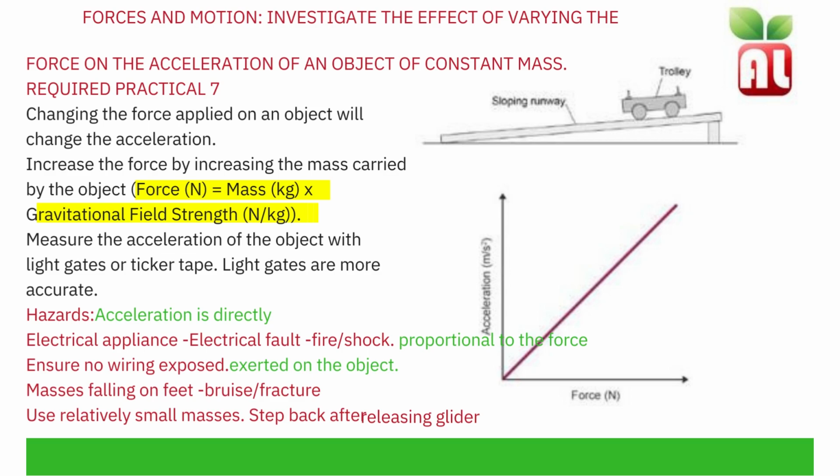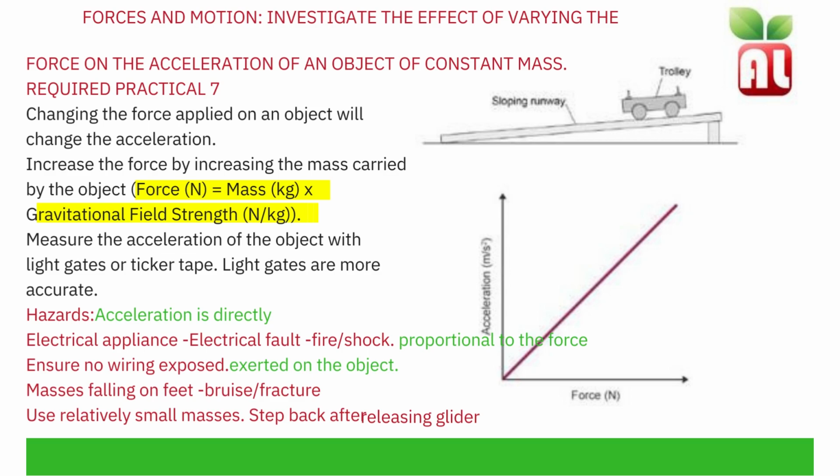Increase the force by increasing the masses that are carried by the object, using the formula to calculate force, mass times gravitational field strength, which is 9.8 newtons per kilogram. Measure the acceleration of the object with light gates or ticker tape. Light gates are more accurate as they minimize human error.